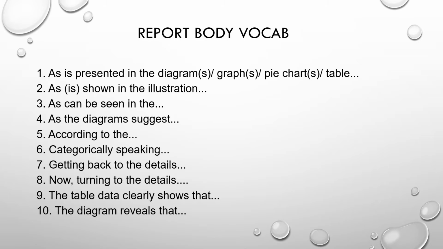Now, how I can begin the third paragraph is, again, you can take a look at a few of these examples: as is presented in the diagram, or as can be seen, categorically speaking, the table data clearly shows. Getting back to the details, this is how I can start my third paragraph. And then I am going to show the comparisons of different years with different countries.